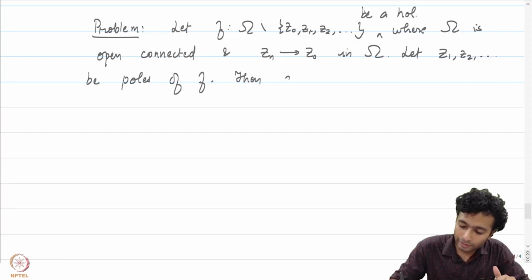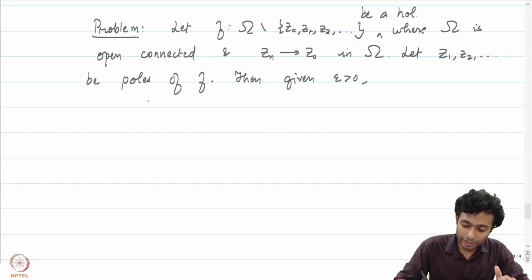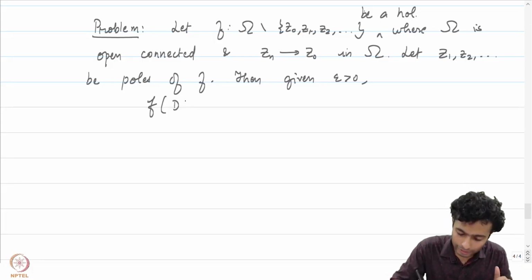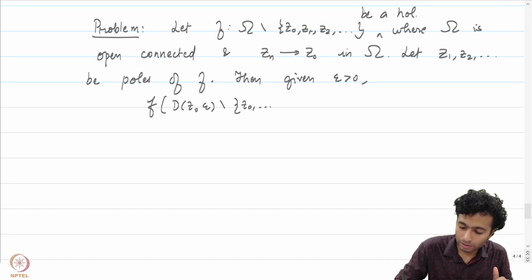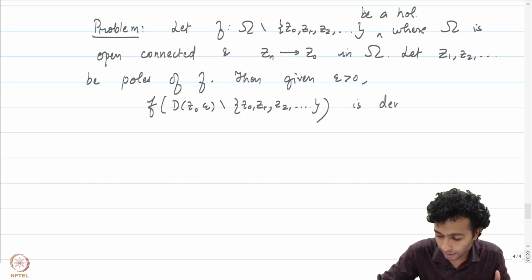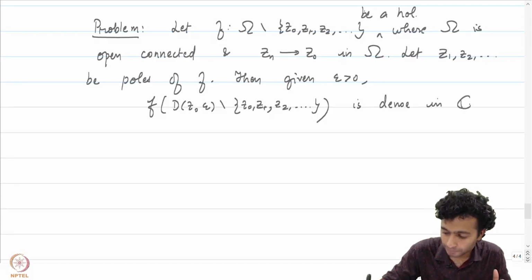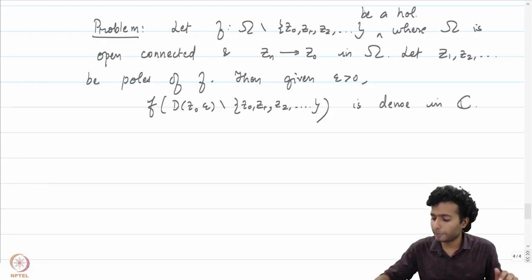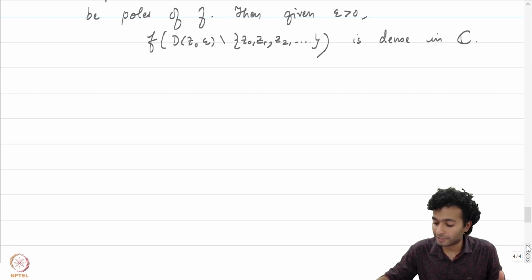Then given epsilon positive, the image of D(z0, epsilon) minus the singularities z1, z2 and so on, f of this, is dense in C. So we are going to mimic the proof of the Casorati-Weierstrass theorem here.